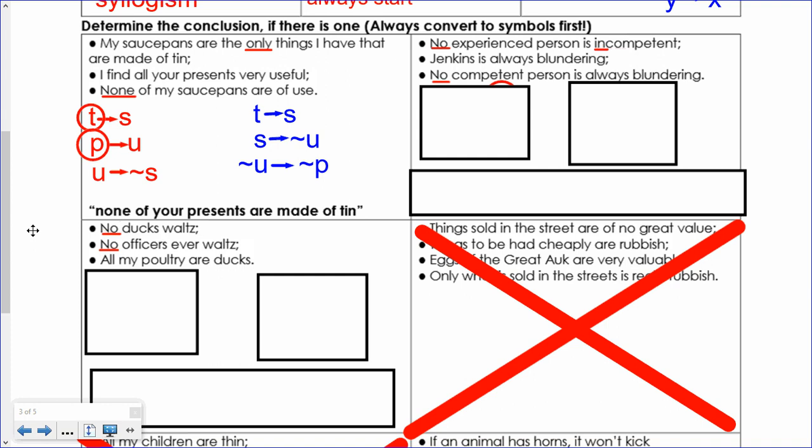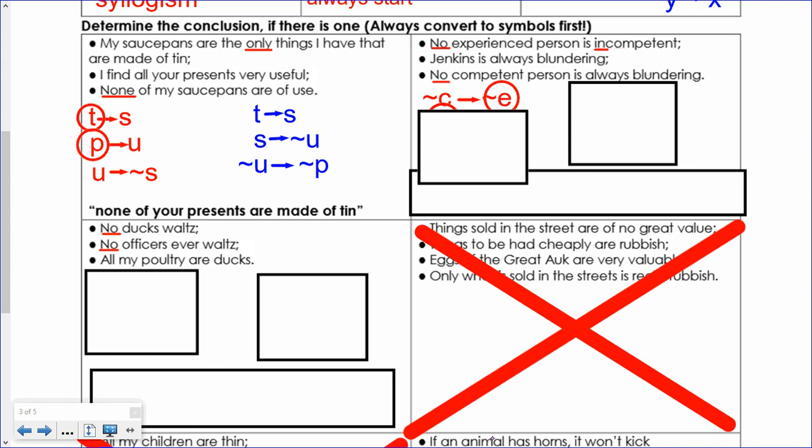Squiggle E, maybe for experienced? That's what I thought when I was making the answer key. I chose I for incompetent, and squiggle E for not experienced. But I'm actually going to write squiggle C for not competent, and I'll explain why at the end. So squiggle C for not competent, and then not experienced at the end.